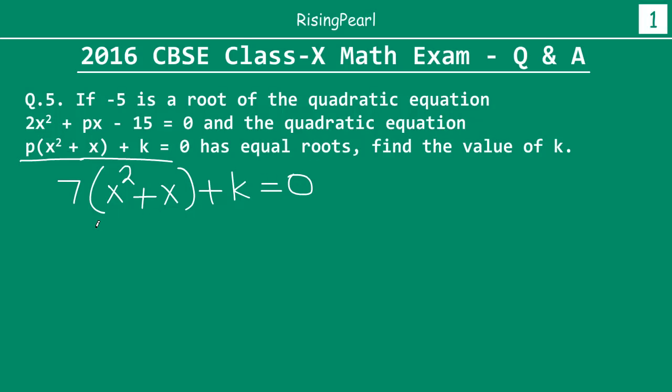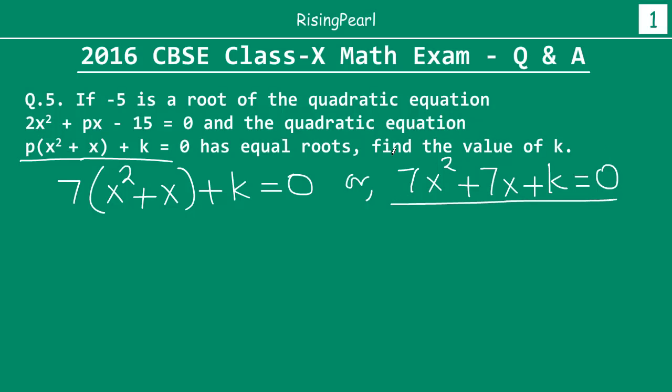So let's write this in the standard form: 7x squared plus 7x plus k equal to 0. Now what is given is that this quadratic equation has equal roots. If you would recall, equal roots happen in a quadratic equation when and only when the discriminant is equal to 0.